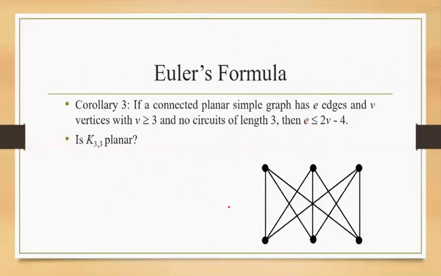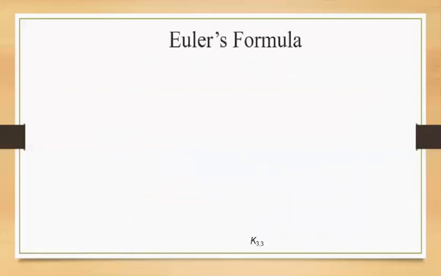Do we have a circuit? No circuits of length 3 are present, so we can check this. The number of edges is 9. Is 9 less than or equal to 2 into 6 minus 4, that is 12 minus 4, which is 8? No, this is false. Hence K33 is not planar.